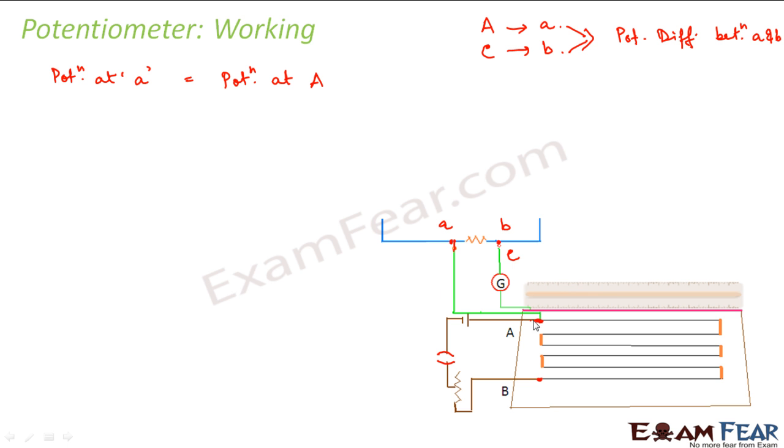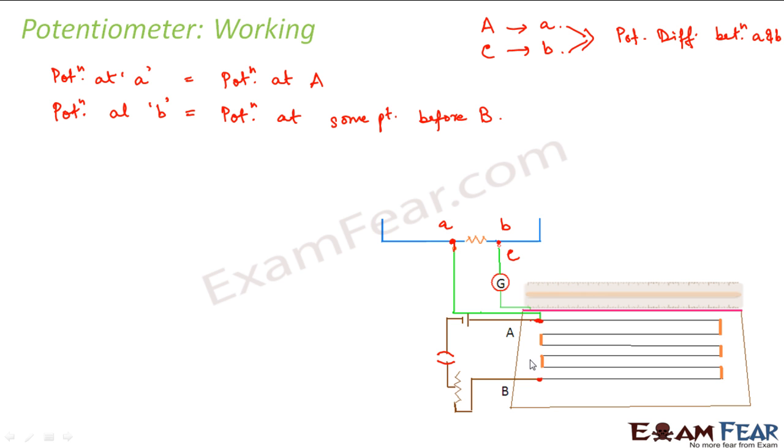Similarly, the potential at b will be equal to the potential at some point before B. If you see, B is here, but this point is connected to some point in between A and B. So the potential at this point will be equal to the potential at some point between A and B.